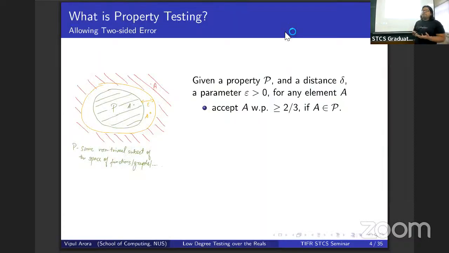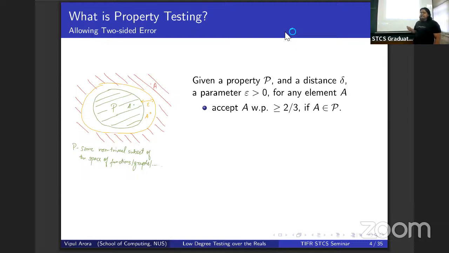And this is where the field of property testing comes in. So again, a property is some non-trivial subset of mathematical structures. You can have functions, graphs, distributions, whatever you are interested in. The property you have in your mind, the element A that you want to test is given to you, and you have a distance function delta and a distance parameter epsilon.